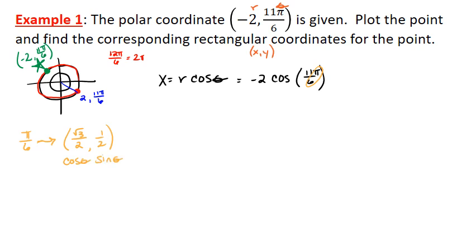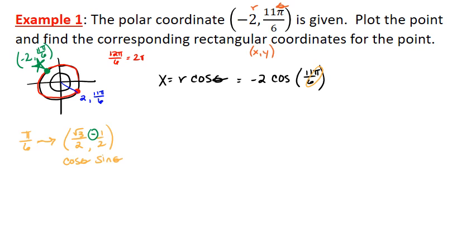I also want you to remember that 11π/6 is in the fourth quadrant, and in the fourth quadrant, the y value is negative. So that means this is really negative.